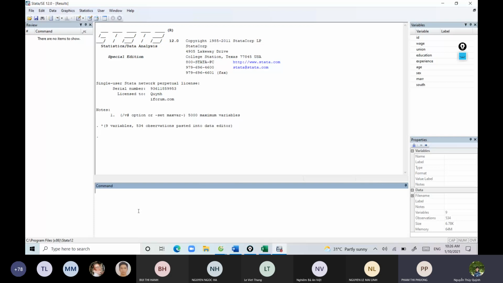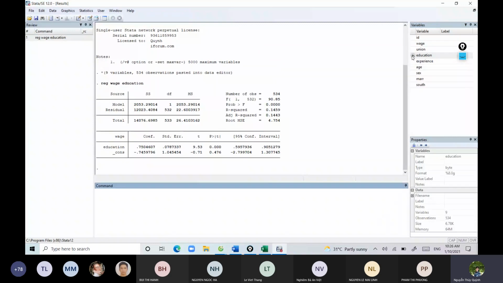Now, let's try to regress wage on education. Then we have, yeah, correct. That is the answer. That is the estimation output. All right, you do it right.